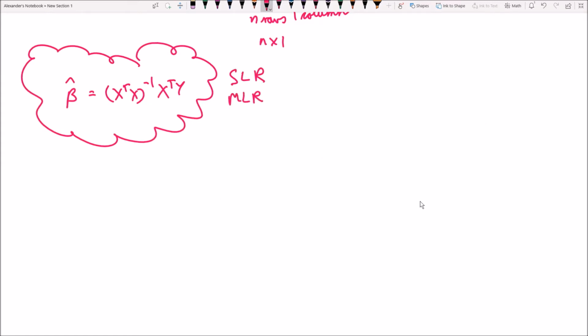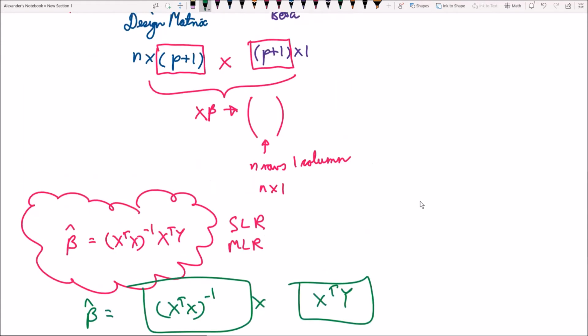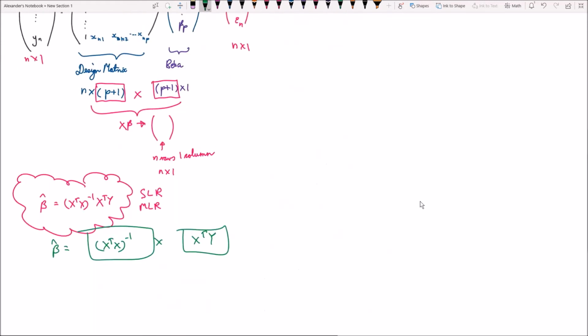This formula still holds. It just becomes more difficult to do it in multiple linear regression. So x transpose x inverse, and we need to multiply that with x transpose y. And then that will give us beta hat. And I'll come back to that in a later part.